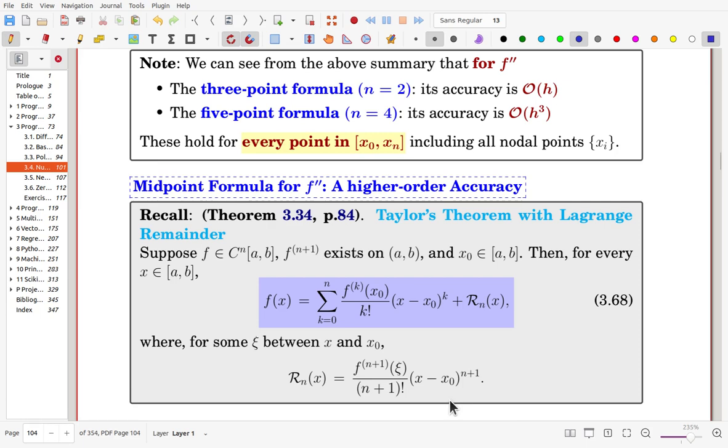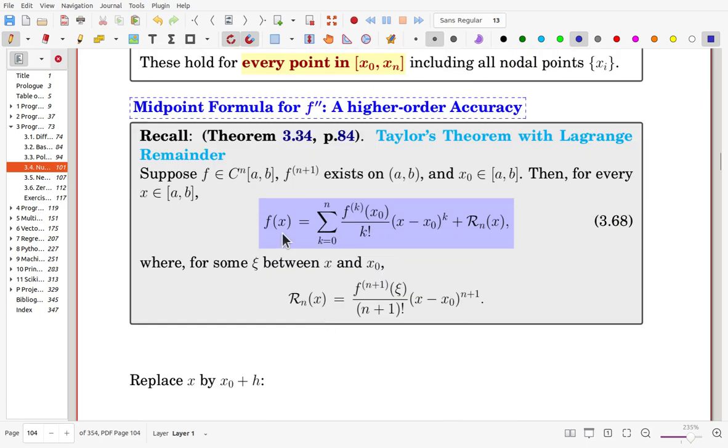Now from the theorem, rather than x, we are using x0 plus h. x0 is the center of this formula, and x is ideally around x0. So x0 plus h will be around x0.